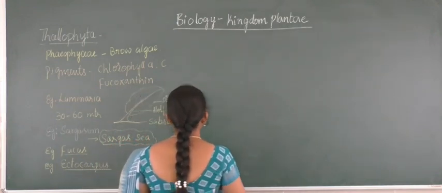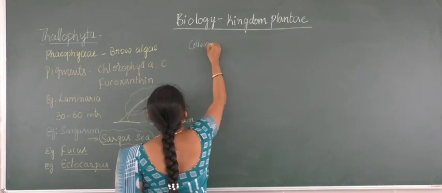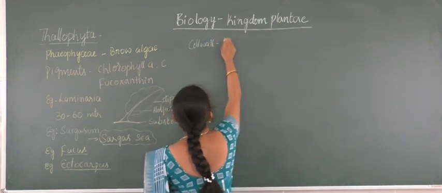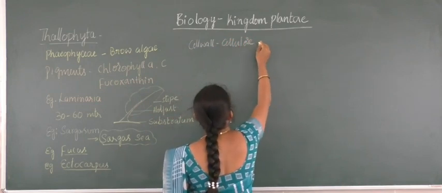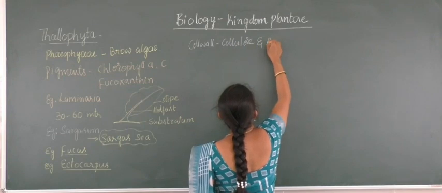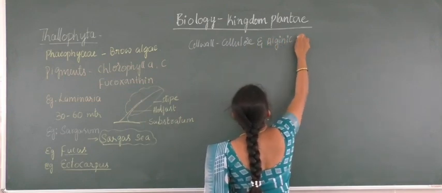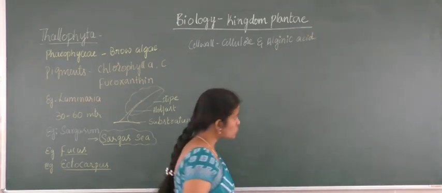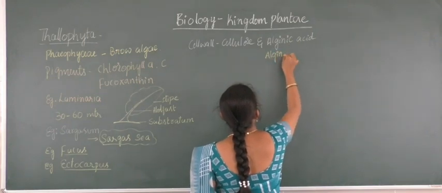And next you can find the cell wall properties. Cell wall is made up of cellulose and alginic acid. This alginic acid is also called algin, right?